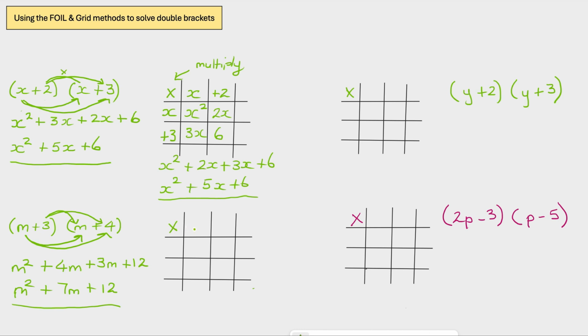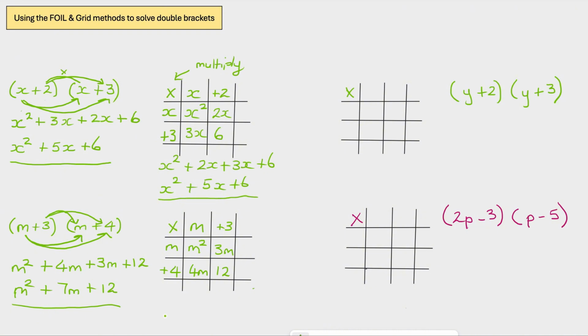Same to grid. First bracket, m plus 3. Second bracket, m plus 4. So m times m is m squared. M times 3 is 3m. 4 times m is 4m. 4 times 3 is 12.